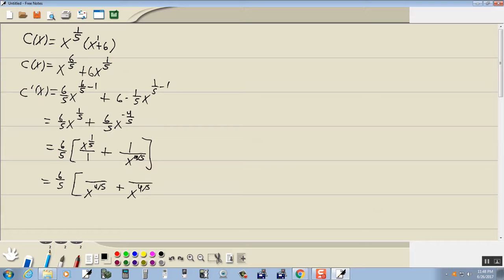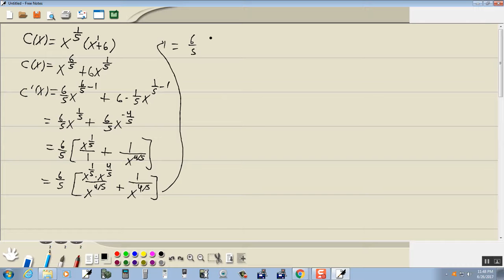Now this one already has x to the 4/5, so I don't have to do anything with it. This would be 1. Here I multiplied the bottom part by x to the 4/5, so I have to multiply the top part by it. Oops. Let's try it again. Okay.